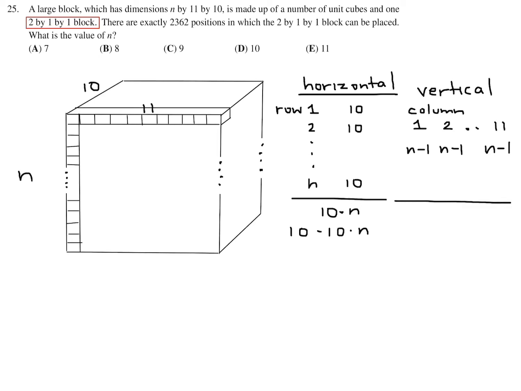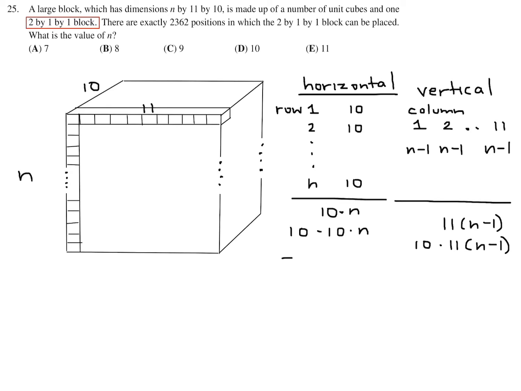Now let's add this up. 11, and each of them has n minus 1, so 11 times n minus 1. For that slab, only for that slab. Okay? But how many slabs are there? Well, there's 10, correct? So the total has got to be 10 times 11 times n minus 1. Okay?